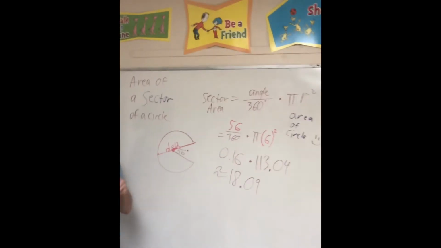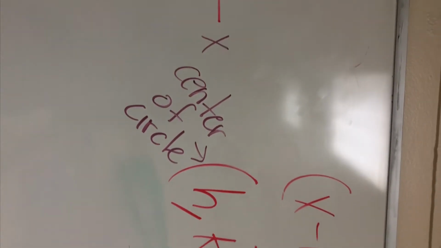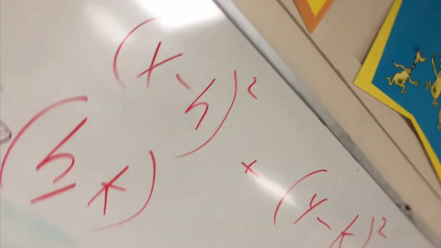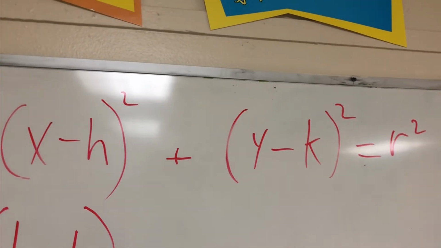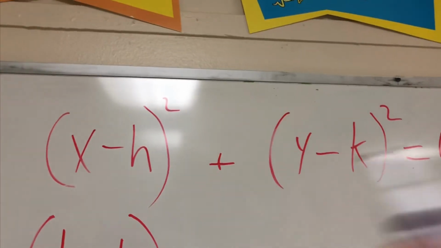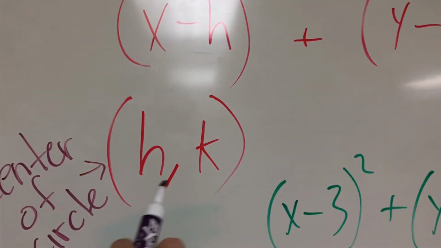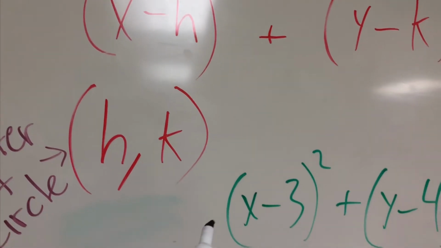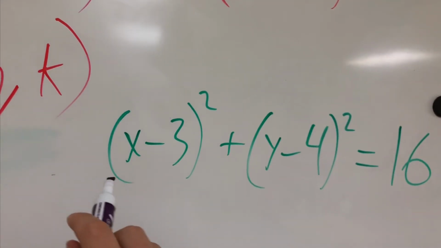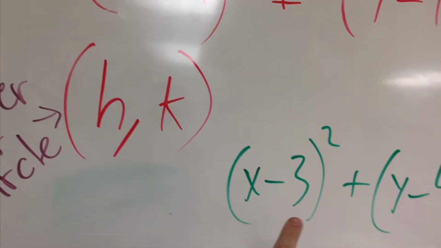Pretty easy. Last thing I'm going to teach you is how to graph a circle. So I have the equation of a circle right here. That h and that k, you're like, what are those variables? Well, that's h comma k, the center of the circle. The equation will give you h and k, but you have to figure out if it's negative or positive.